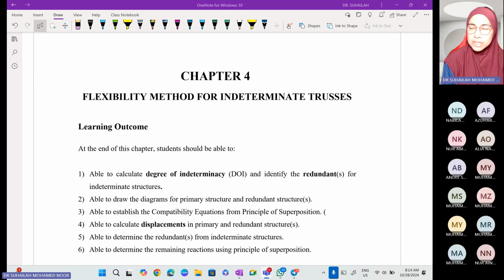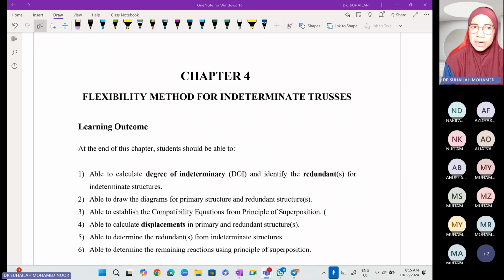Okay, Alhamdulillah. So this is week number 4. Using the module, this is chapter 4, which is the flexibility method for indeterminate trusses. We have covered the introduction of the flexibility method in week number 1, followed by beam analysis in week number 2.